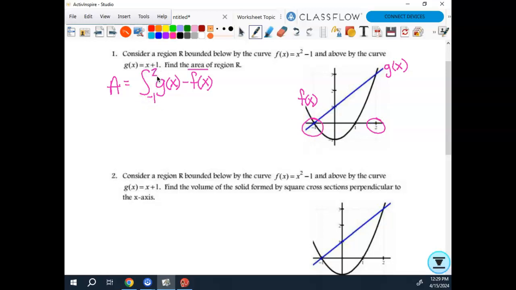Do I have everything written correctly now? No. What do I need? dx. Okay. Cannot forget your dx. So that means this gives me the integral from negative 1 to 2 of g of x, which is x plus 1, minus f of x, which is x squared minus 1, dx.